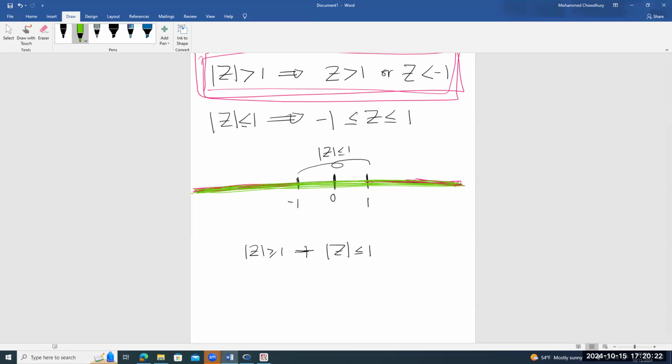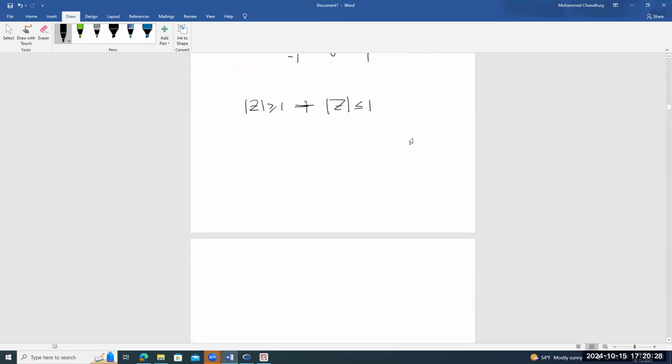The reason I write it is that if I give you this type of problem in the exam, don't immediately panic. Probability of absolute Z greater than or equal to 1.2. Understand? Then you have to draw the graph like this.